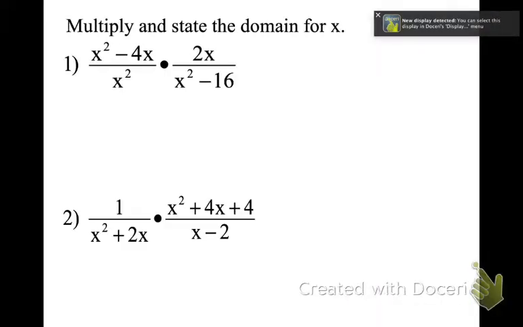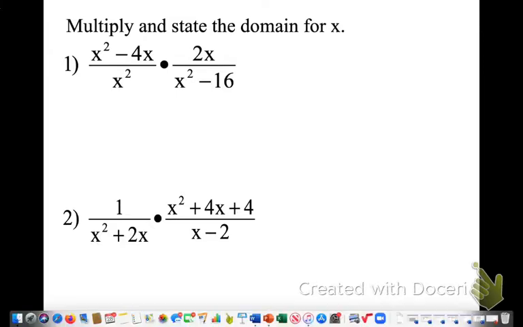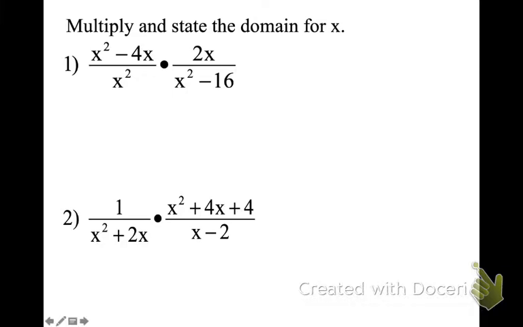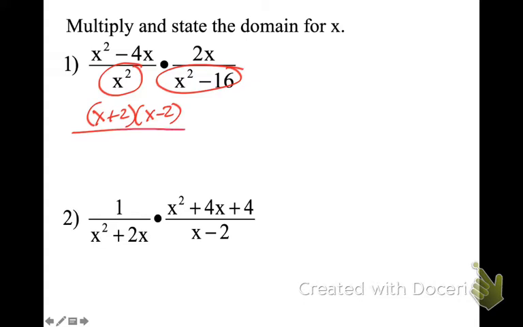So look at this one. Okay, again, it's saying multiply and state the domain for x. It's a 2-part problem. Now this time, the only denominators I have to worry about becoming 0 are here and here. So I factor those, x plus 2 times x minus 2, all over x squared, times 2x. This is yesterday's lesson, this is x plus 4, this is x minus 4.